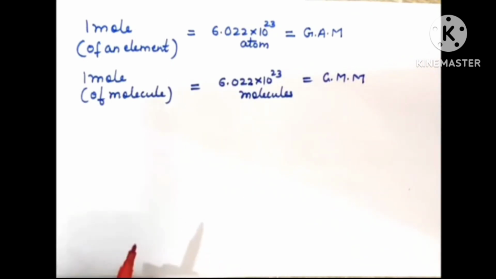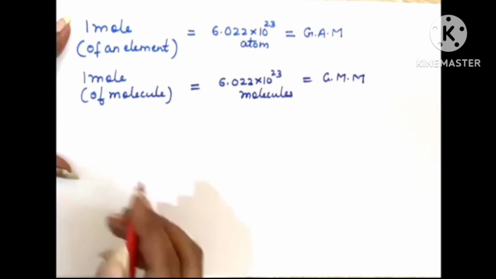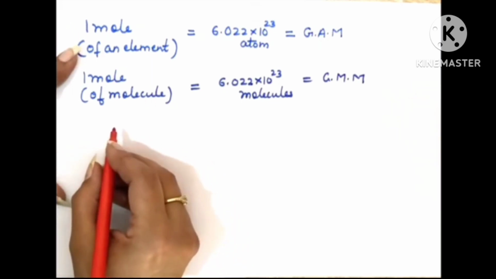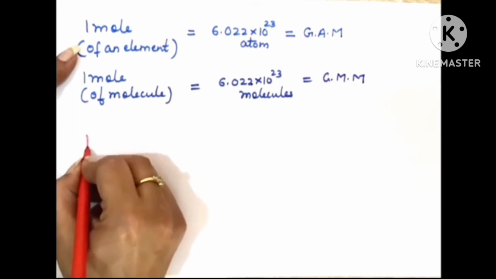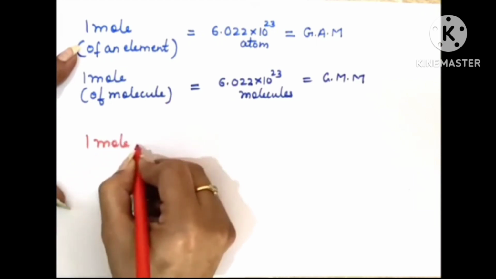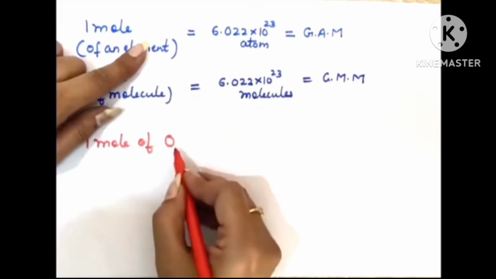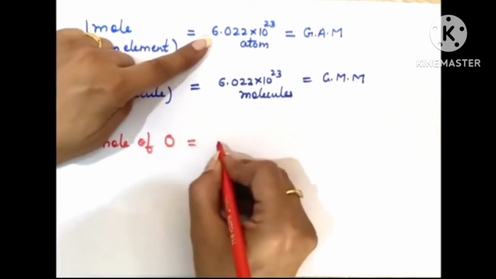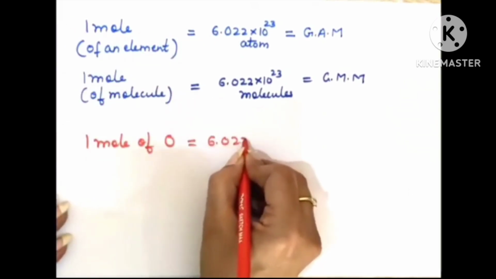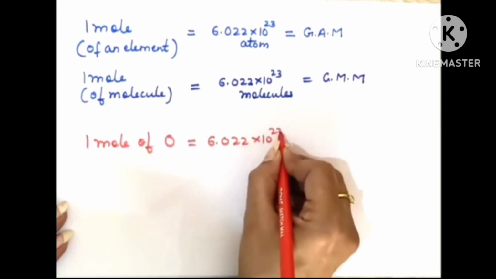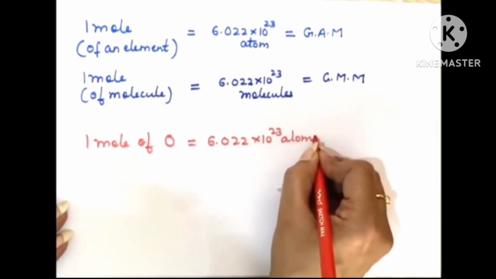Now one example to understand this. First of all, I am taking 1 mole of an element as an example. So if I take 1 mole of oxygen, which element am I taking? Oxygen. In that, how many oxygen atoms are there? 6.022 × 10^23 atoms are there.